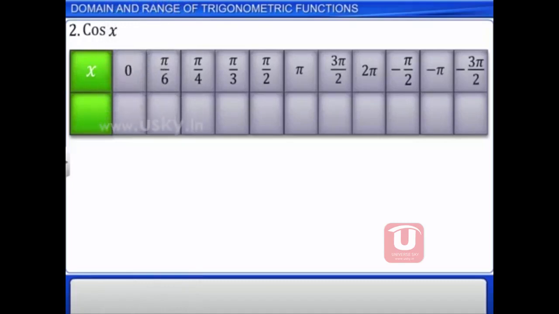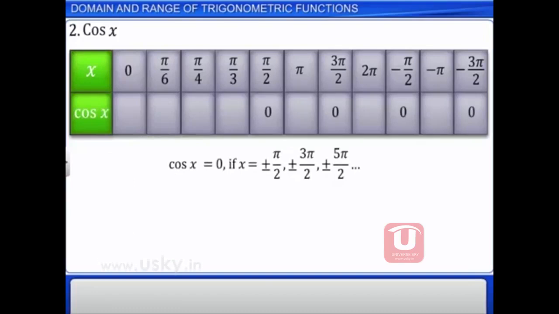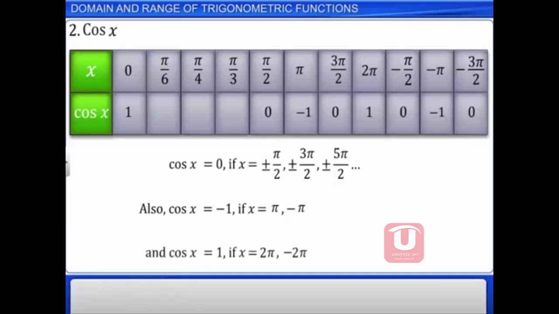We know that the value of cos x is 0 if x is equal to plus or minus pi by 2, plus or minus 3 pi by 2, and so on. Also, the value of cos x is -1 if x is equal to pi and minus pi, and 1 if x is equal to 2 pi, minus 2 pi.